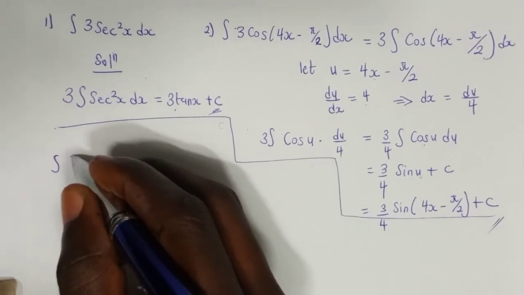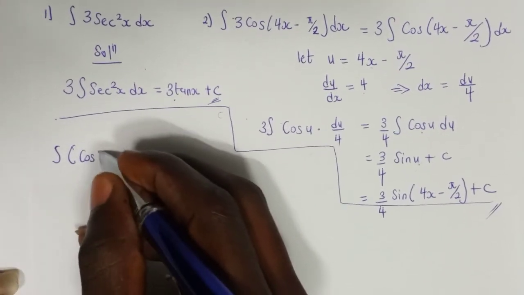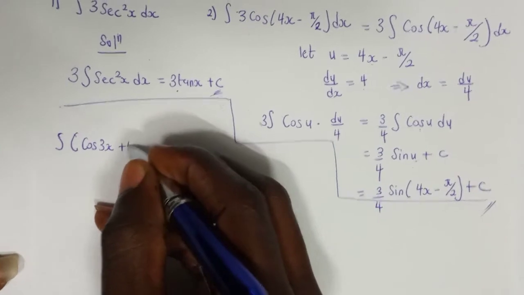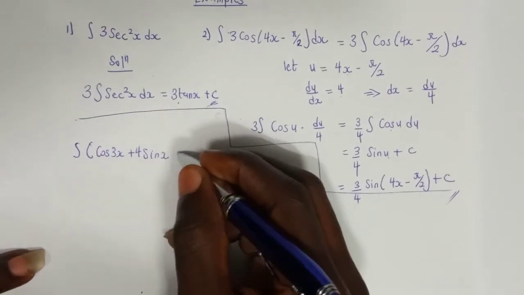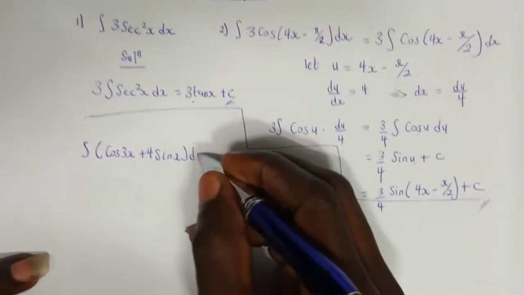Integral of bracket cos 3x plus 4 sine x dx.